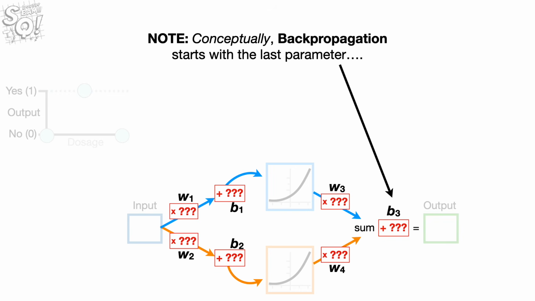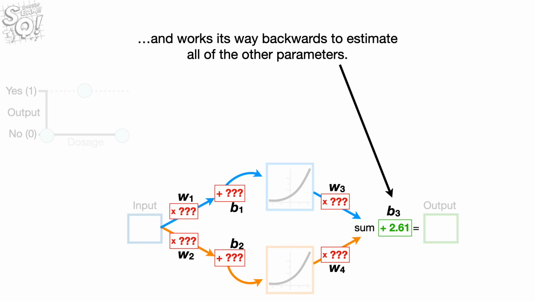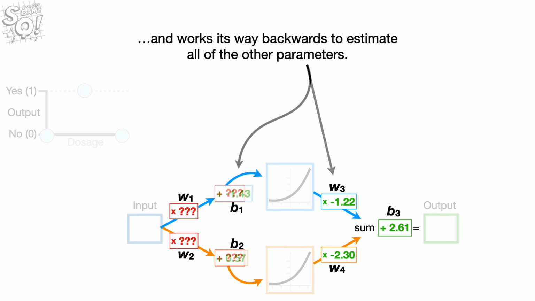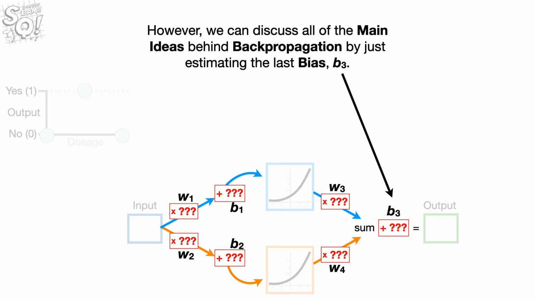Note, conceptually, backpropagation starts with the last parameter and works its way backwards to estimate all of the other parameters. However, we can discuss all of the main ideas behind backpropagation by just estimating the last bias, B sub 3.